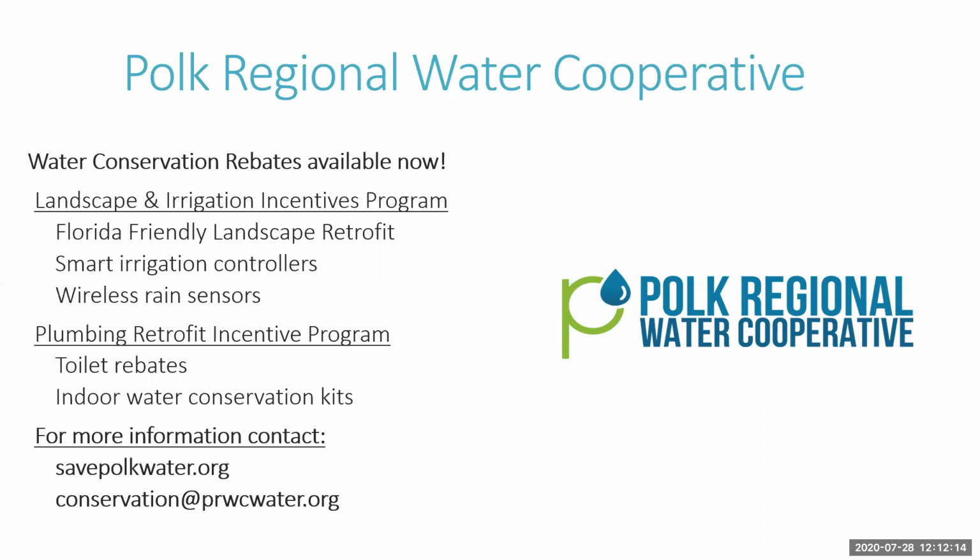I particularly wanted to mention this because we were talking about smart irrigation controllers, and there is a rebate available for smart irrigation controllers. You will need to check with your local utility to see if they're offering that particular rebate, and you can go to savepolkwater.org for more information on how to contact your local water utility to find out what rebates are available to help you save water.